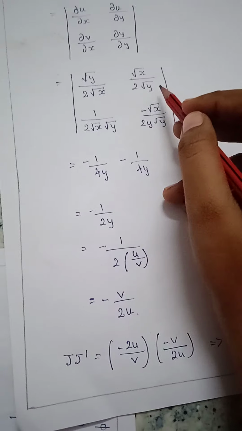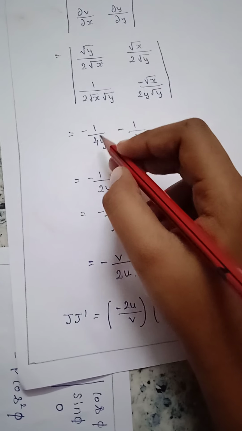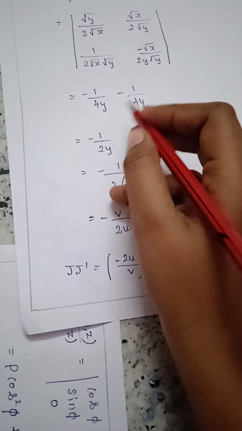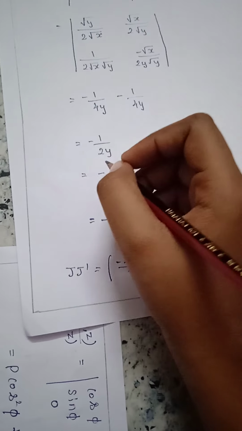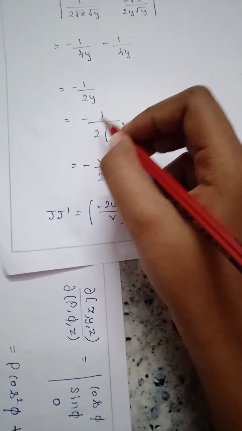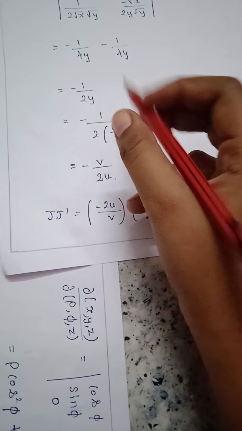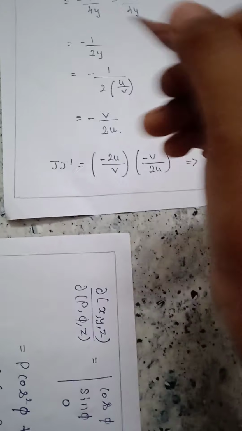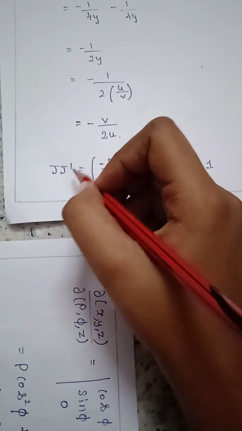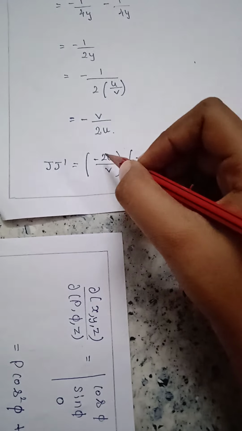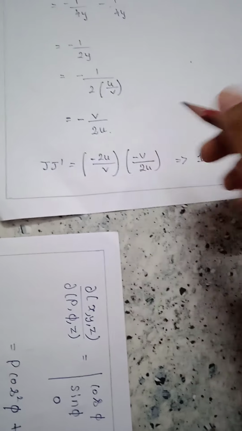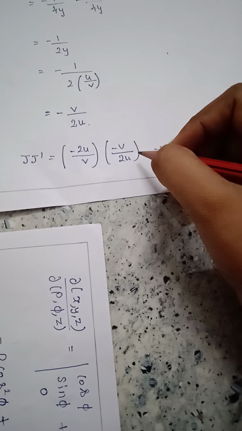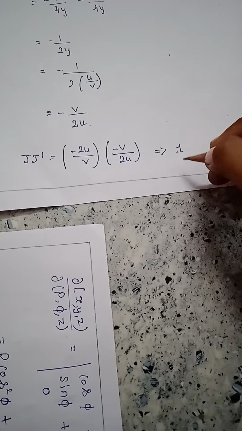While cross multiplying, we get minus 1 divided by 4y minus 1 divided by 4y, which is minus 1 divided by 2y. Since y is u divided by v, this is minus v divided by 2u. So while comparing, J into J dash is equal to minus 2u divided by v times minus v divided by 2u, which is equal to 1.